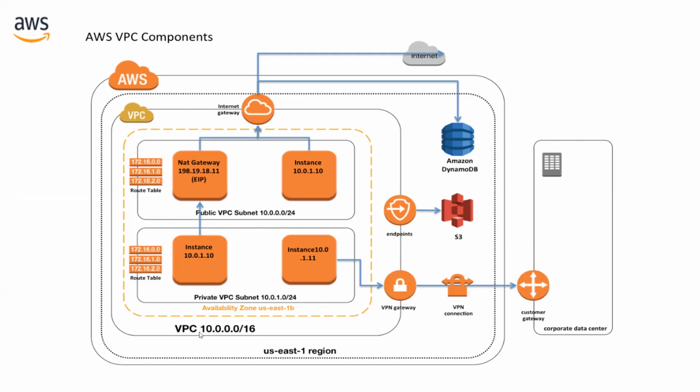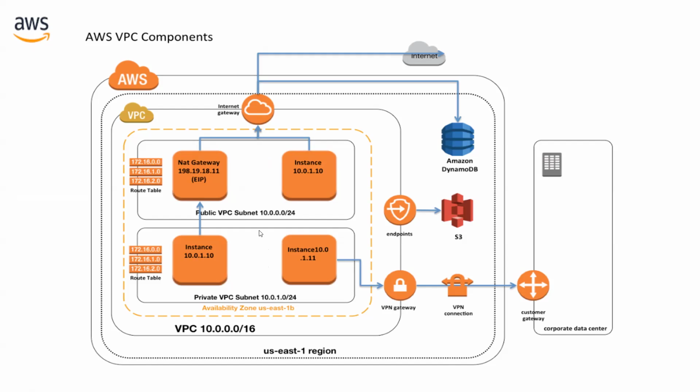Out of this network range, 10.0.0.0/16, we can further divide it into 10.0.0.0/24 and 10.0.1.0/24. So we can define further sub-isolation and sub-classification of the complete network.